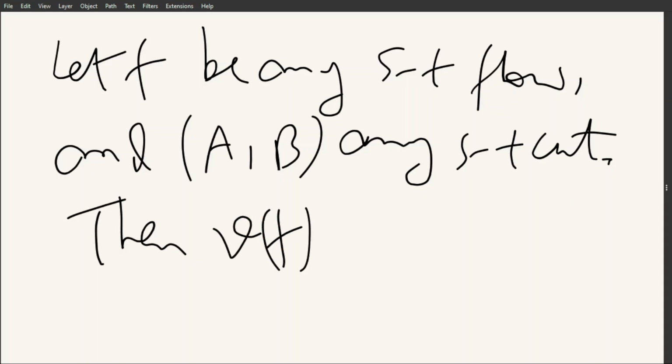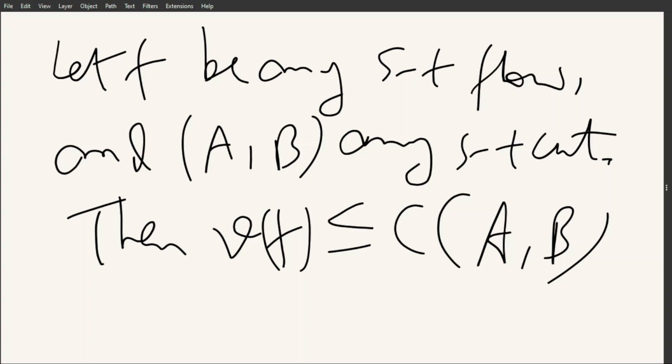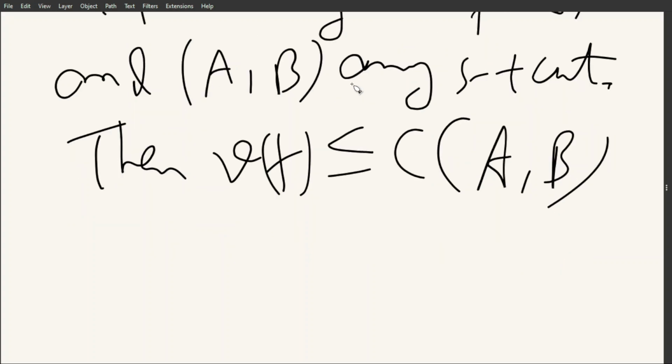Then the value of the flow is upper bounded by the capacity of the cut AB. So we use the same formula that we derived, that the value of the flow is F out of A minus F in of A, in deriving this upper bound.